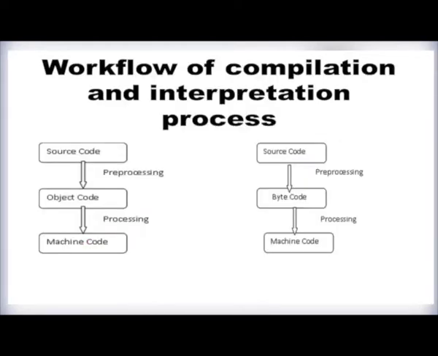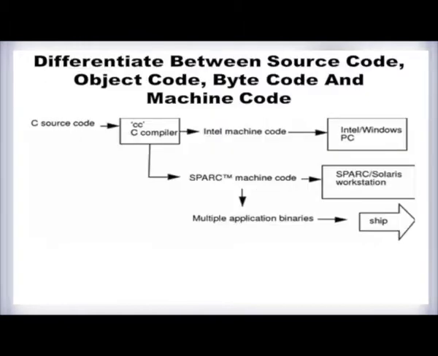Let us see the workflow of the compilation and interpretation process. Now, let us differentiate between source code, object code, bytecode and machine code. What is source code?